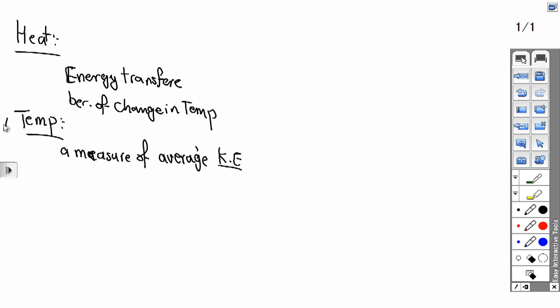The second point that you also studied in thermodynamics is the meaning of the specific heat capacity. What does the specific heat capacity mean?